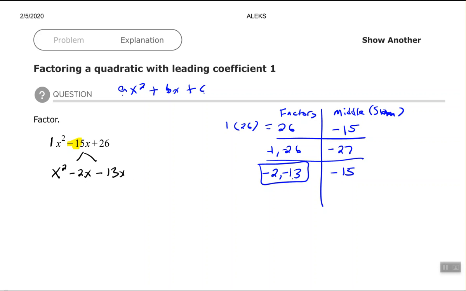The negative 2 and negative 13 come from those factors we just found over here on the right. And then plus 26. The whole reason we do that is so that we will have 4 terms. And if you go back to the previous video, we said when we have 4 terms, we factor by grouping. So now this is set up to where I can factor this by grouping.